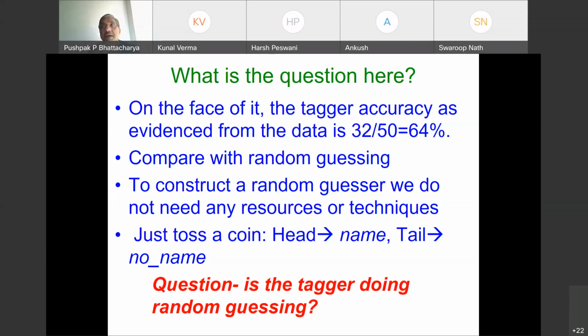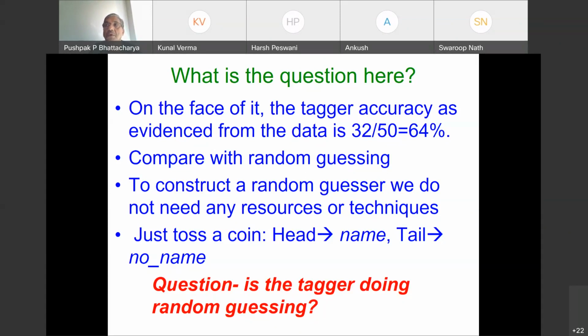No, but you see, the point is that if there are 1 million tokens in the corpus, I'll have to make 1 million tosses. So 500,000 of those outcomes will be 1, and 500,000 will be 0.